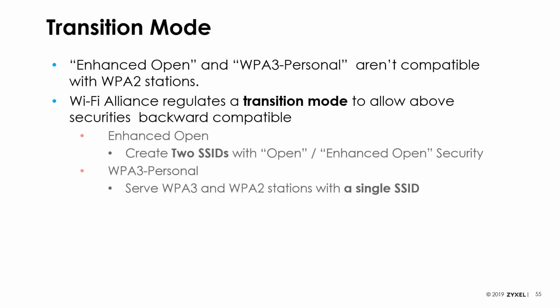How that works is that underneath, the AP broadcasts two SSIDs with both of these encryptions. So in an enhanced open, it just creates an open SSID in the background, and with WPA3 personal, it creates a WPA2 SSID.